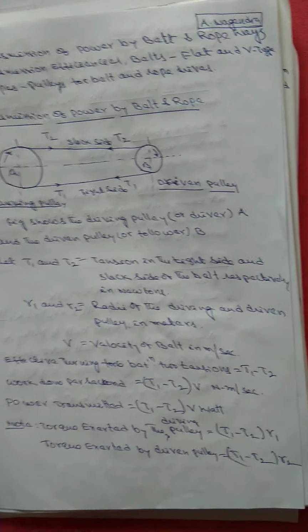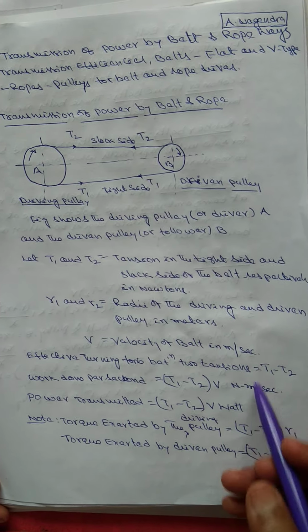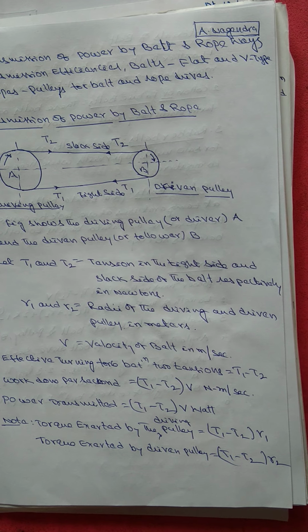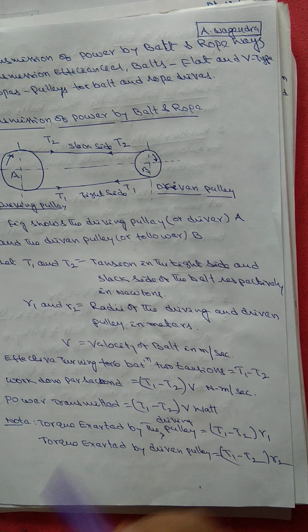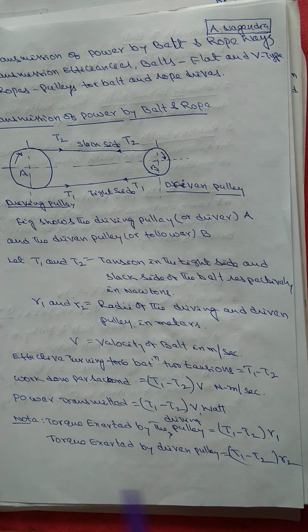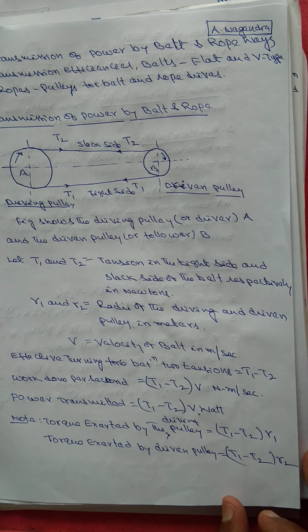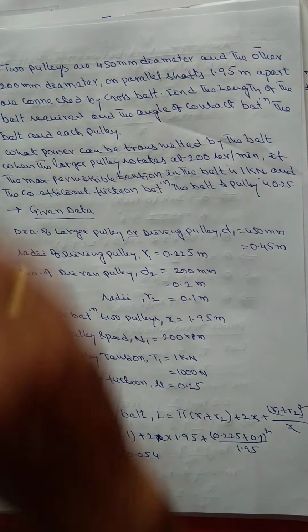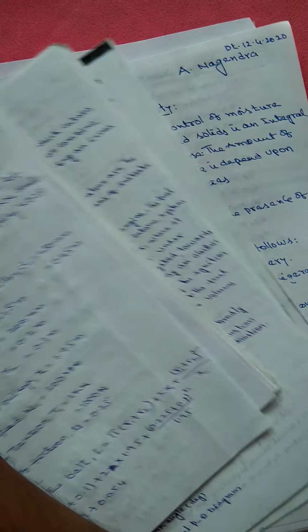So the power is T1 minus T2 into V. Torque exerted by the driving pulley is T1 minus T2 into R1, and torque exerted by the driven pulley is T1 minus T2 into R2.